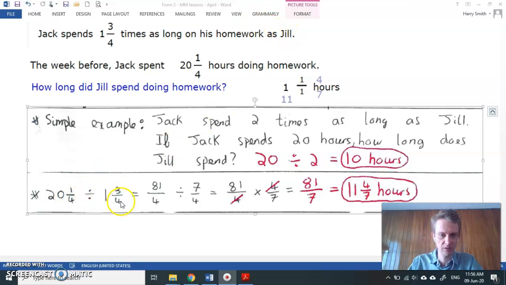Doing that division, 20.25 divided by 1 3/4, convert your mixed numbers to improper fractions, flip your second fraction, change your division to a multiply, cancel your 4s, which will give you a 1 and a 1. 81 times 1 is 81, 1 times 7 is 7. And then from your improper fraction to your mixed number, 81 divided by 7 goes 11 times, remainder 4.